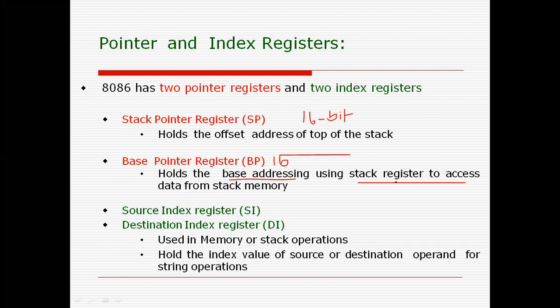To understand this point: for a 20-bit physical address, we require two things, a segment address and an offset address, both 16-bit. So to have a 20-bit stack address, the stack pointer register holds the offset address, whereas the base pointer can hold the base addressing value.